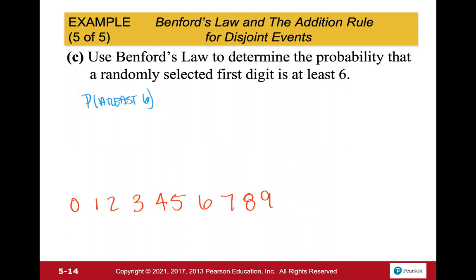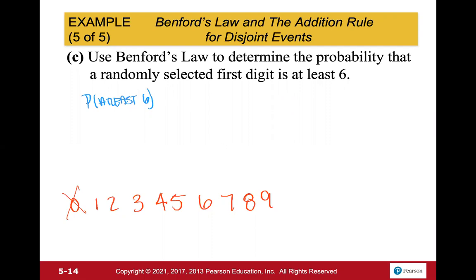Not 10, so just up to 9. Using this, we know that 0 is not going to be one of them, because 0 is not a significant digit. But now we look at the words at least 6.